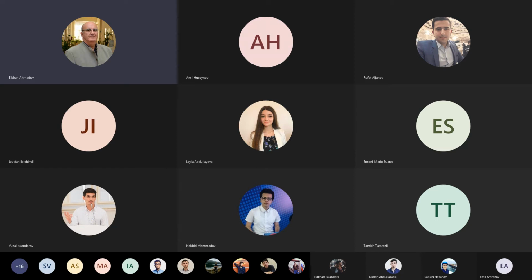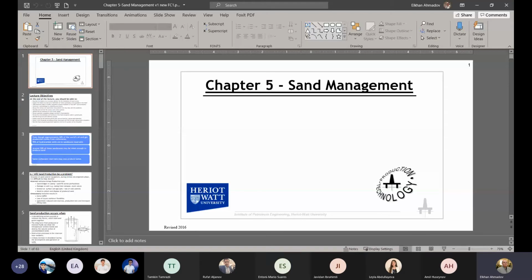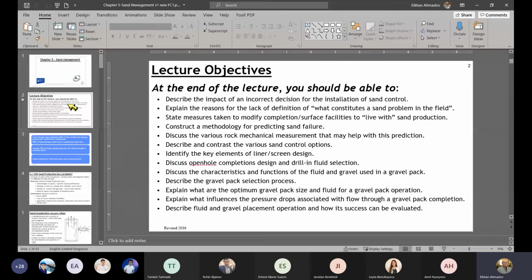Okay. Here are the learning objectives, what you have to understand, what you have to learn, and be ready to explain or to discuss and describe.